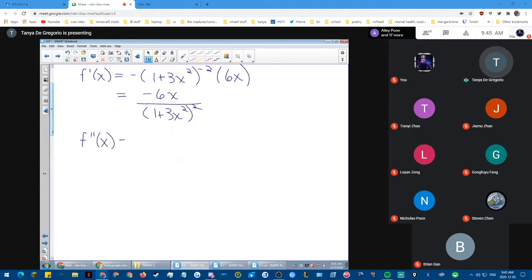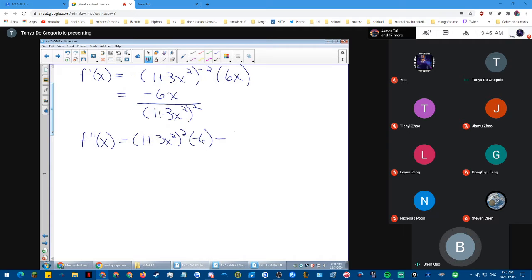So who's going to do it first? Who wants to do this derivative? Bottom times derivative of the top, minus the top times derivative of the bottom, all over bottom squared. Who wants to do it? 1 plus 3x squared, all squared, times negative 6. Excellent, keep going.